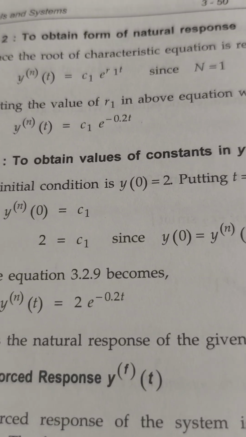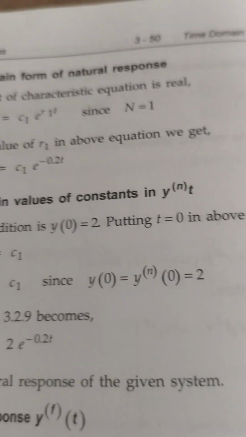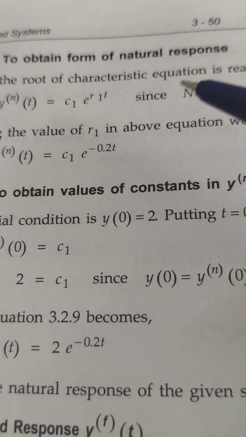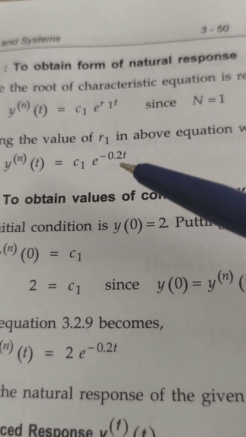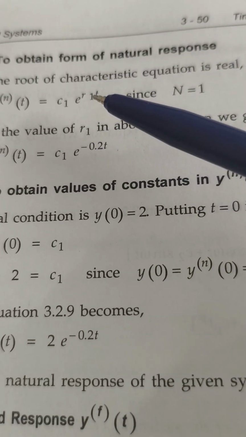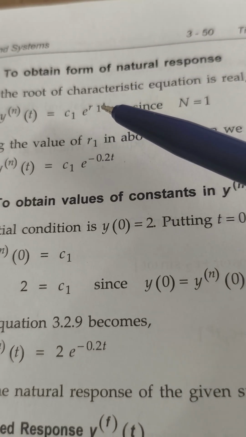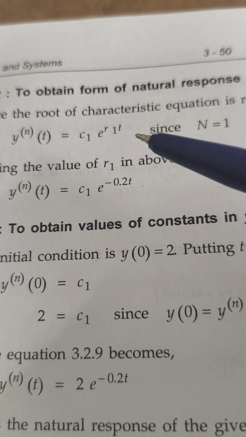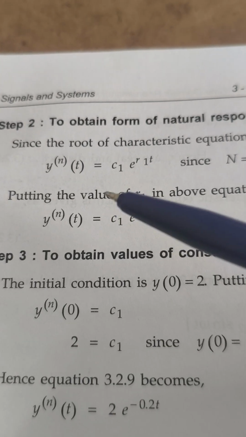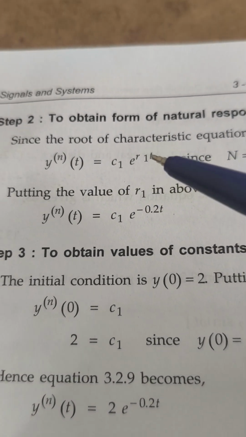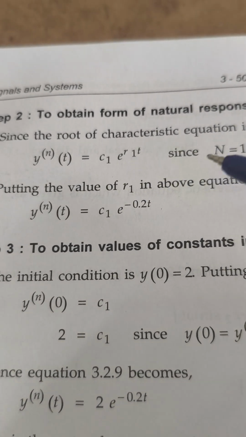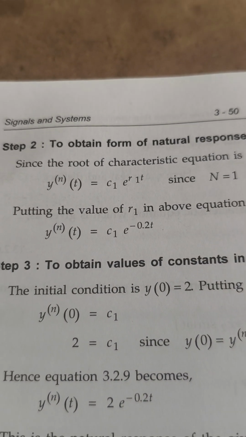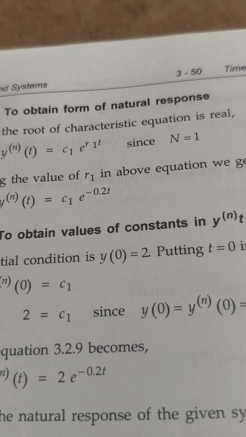Putting the value of r1 in our equation, we already found the value of r1, so we place that value in the above equation. We get c1 e raised to minus 0.2 t. This equation is y_n equal to c1 e raised to r1 t. What is the value of r1?